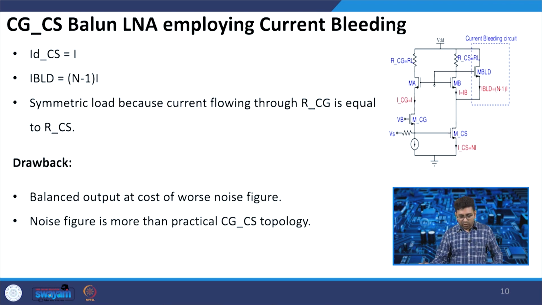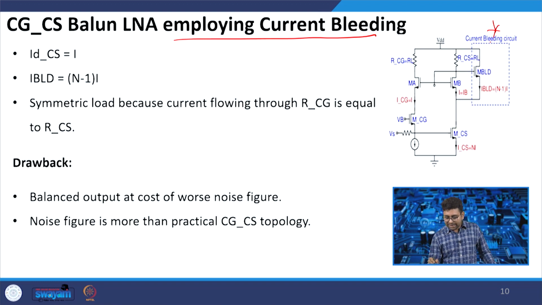So that is why the common gate and common source balun LNA can also employ a current bleeding technique. With this current bleeding circuit, ID of the common source is equal to I, and IBLD is equal to (n minus 1) times I. So here we have a symmetric load, because the current flowing through RCG is equal to that through RCS, so this and this will remain the same.